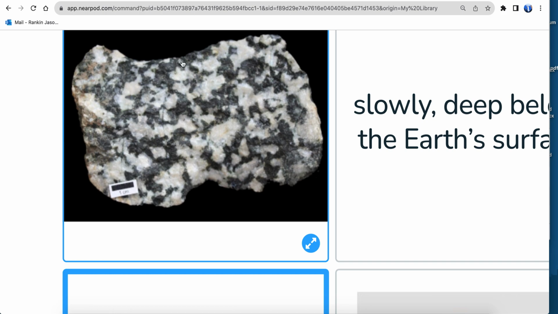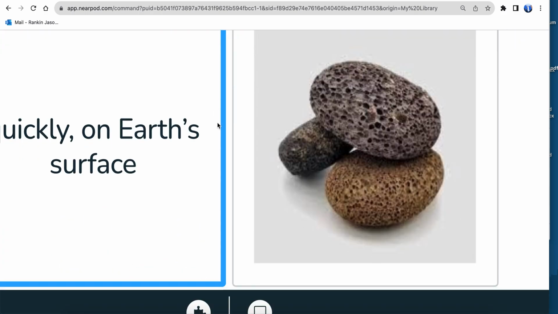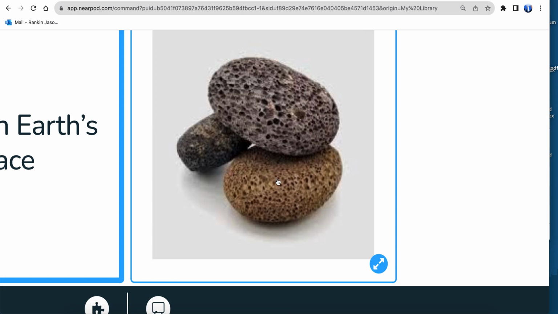I see some black crystals speckled in there as well. This one here has very rounded rocks. They might have been through a lot of erosion. It was weathered and brought down, but these look very rounded.